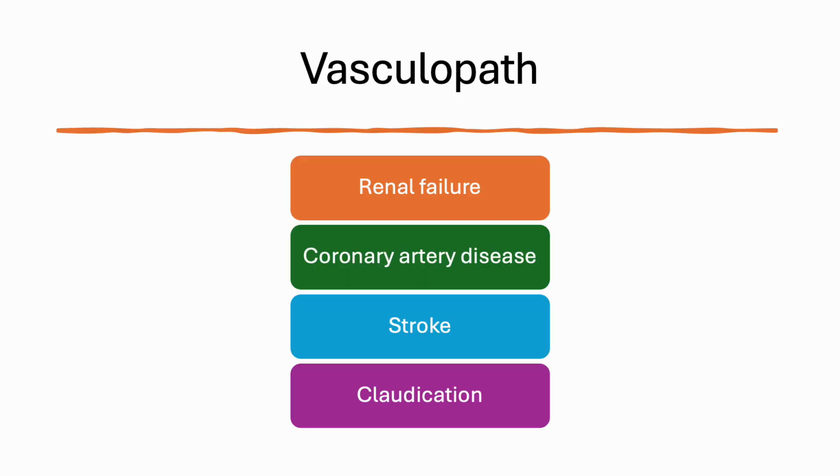For instance, people who have one clinical manifestation, let's say of atherosclerosis, frequently have two. So if you knew that your patient had had a stroke in the past, you would then know that they are at risk for other diseases that are associated with atherosclerosis, like renal failure, coronary artery disease, or claudication.